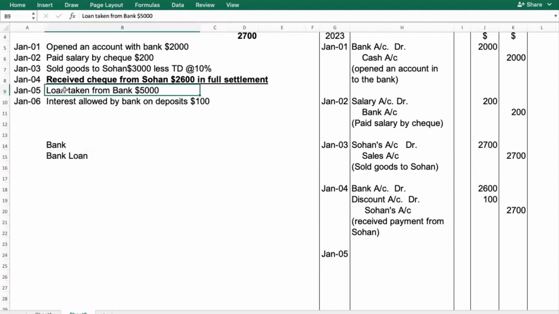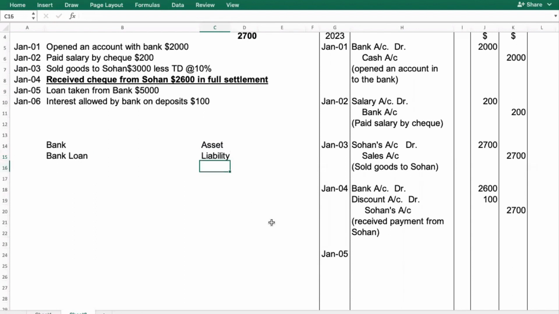They will say your loan is approved, but we will put the loan amount in your bank account, and whenever you need money, you withdraw from your account. So this bank account is actually an asset, and the bank loan is what?